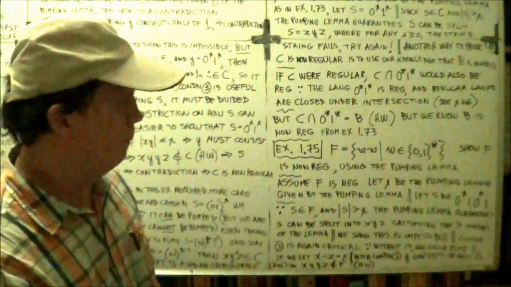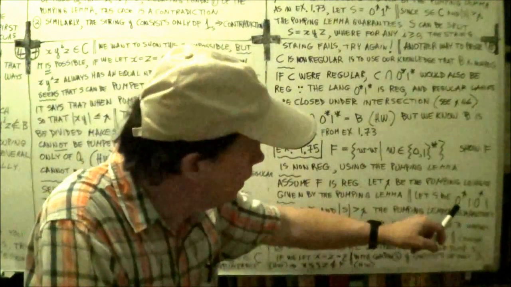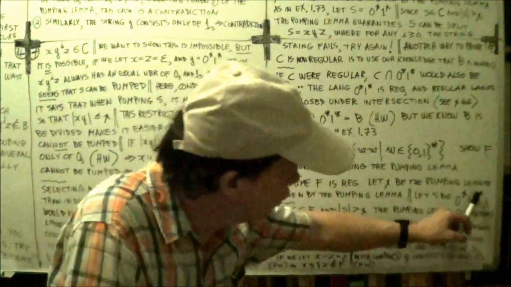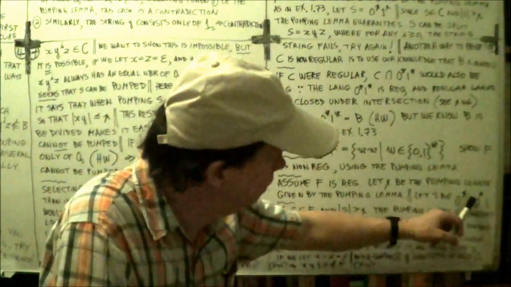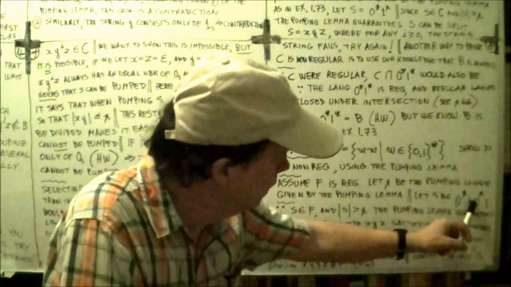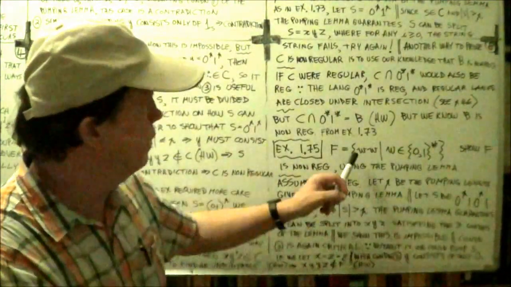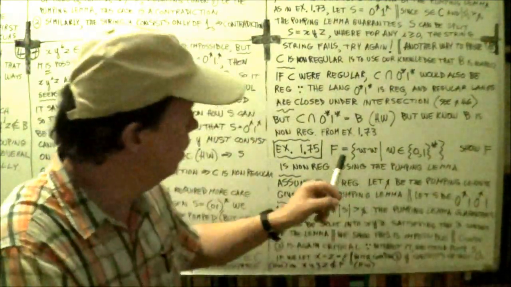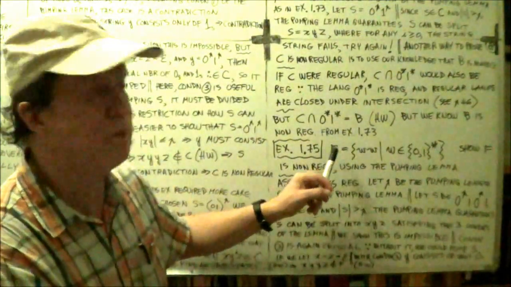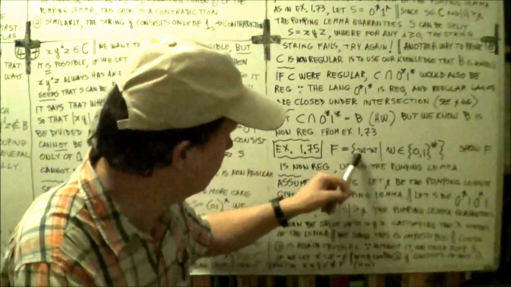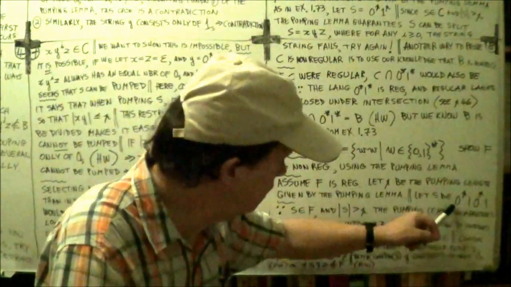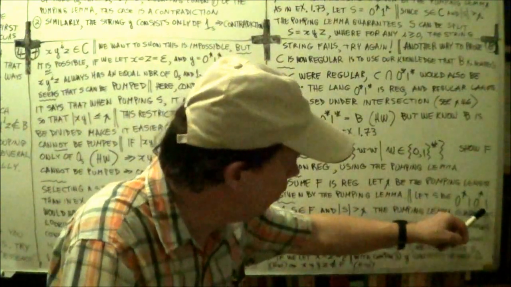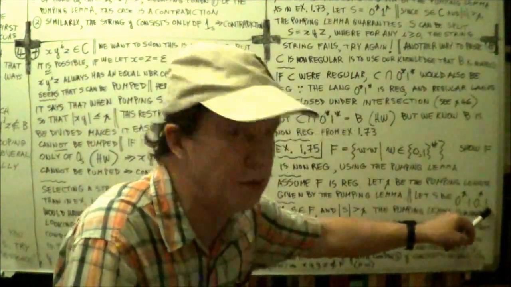Can you see 0 to the p 1? You've got it twice here, so here's your clone, the copy of this. Therefore S is of the form WW.